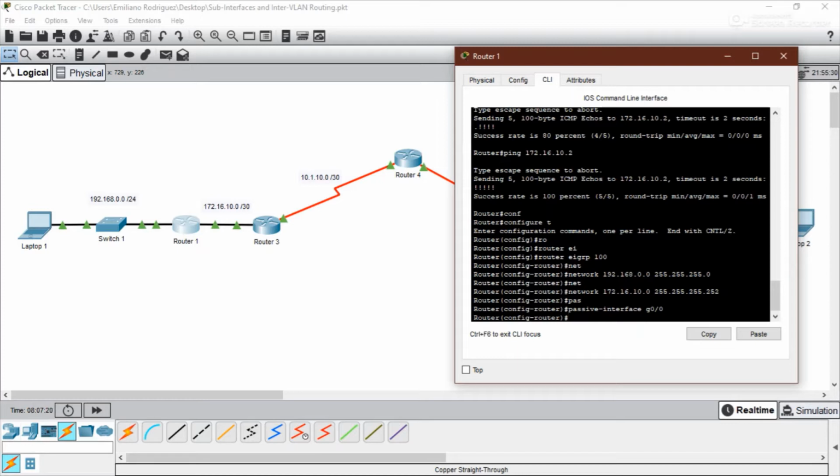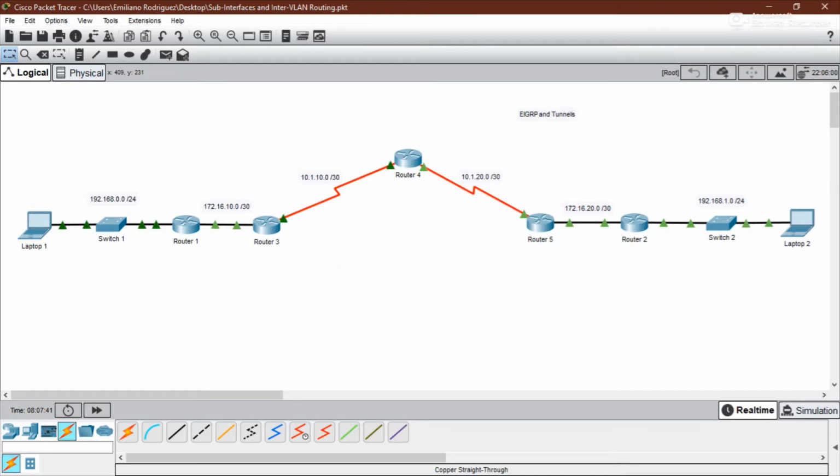That interface is for router 1's local area network, and so it will not need to send any hello packets out of gig 0/0. It will, however, need to send hello packets out of gig 0/1, so gig 0/1 will not be passive.